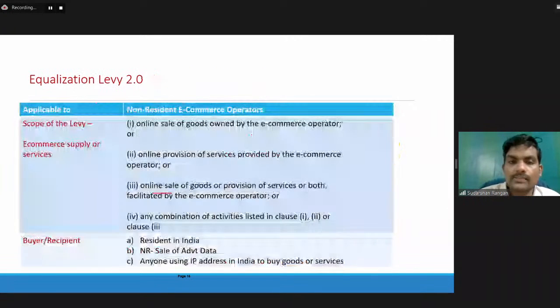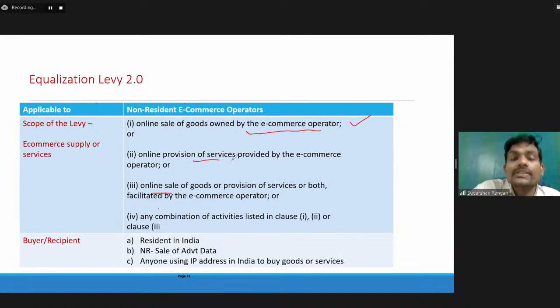So for example, if the non-resident e-commerce operator owns any goods, that goods belongs to him and he sells them, it will come here. Online provision of services, like what Booking.com we saw, it's only a service, they're not selling goods, so that is also attracted.